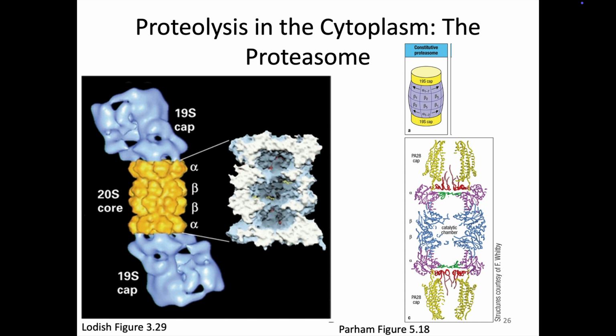And there's 4 rings, each made of a few different subunits. You can also see we've got a nice cap on either end. That's important because it's going to recognize the ubiquitin and make sure only stuff with ubiquitin on it gets destroyed. And it keeps random stuff from going in and getting destroyed by having this nice cap on either end. So this is really what the proteasome looks like.